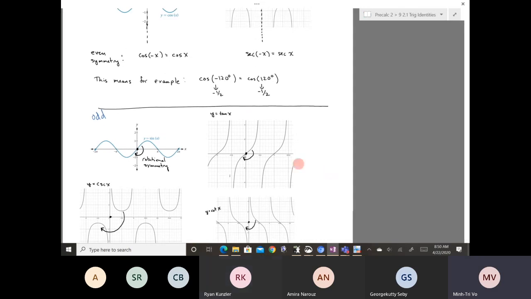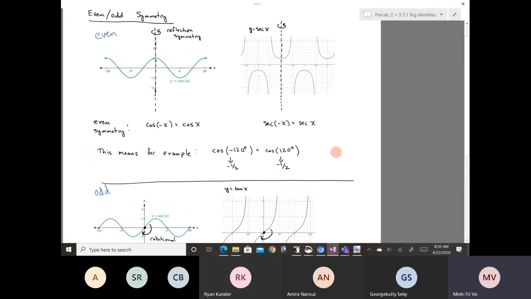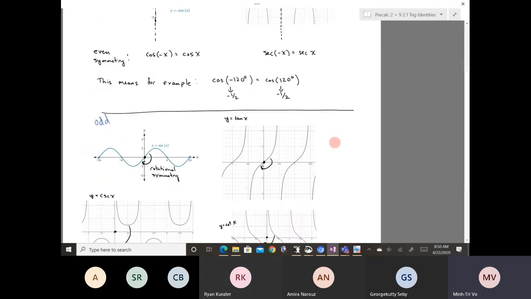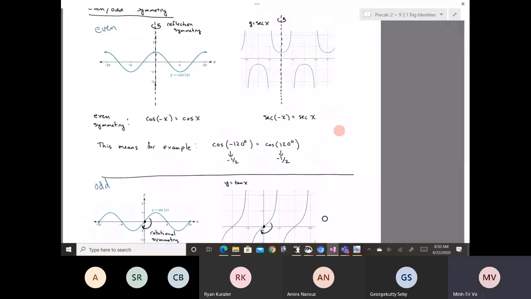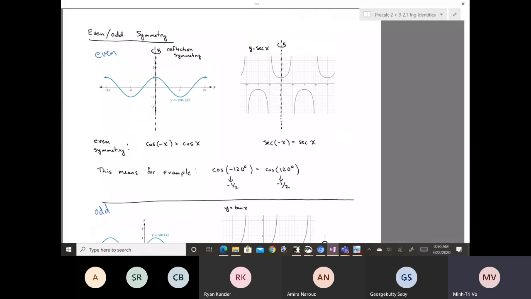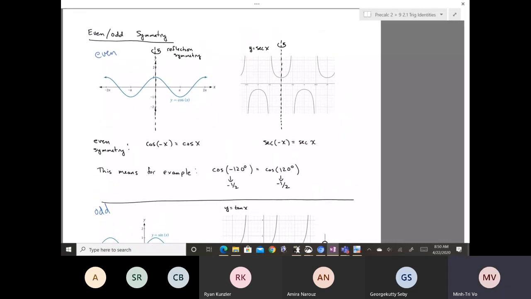Nope. Okay, so at least in terms of this course, we're not going to actually use the even and odd symmetry all that much. It's used a little bit in calculus when you talk about integration, because integration is referring to areas under the curve, and when you have symmetry like this, you can see that the area here is exactly the same as the area here, and the area here is exactly the same as the area here.